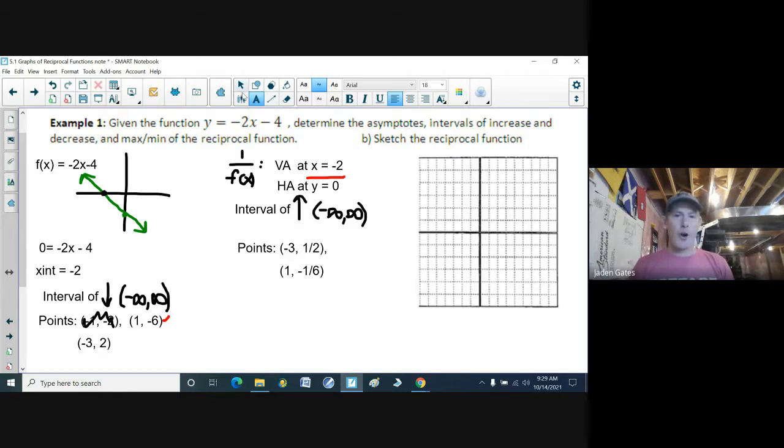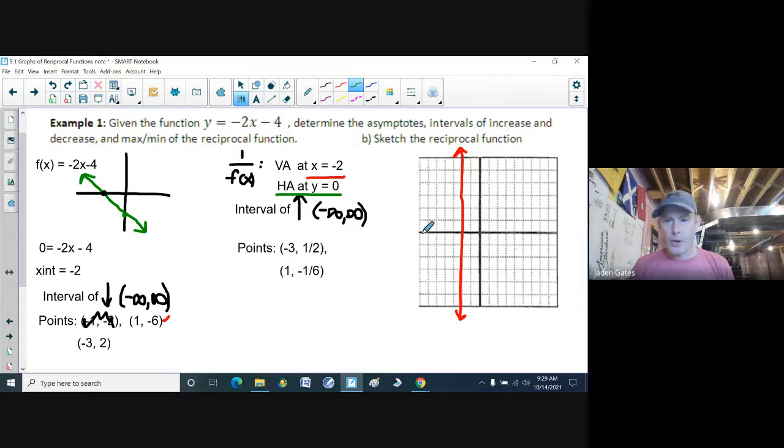All right, so I'm going to draw in my lines here. My VA at x equals 2, there's my vertical asymptote in red. Then we'll put the horizontal asymptote here, in green: y equals 0, that's an easy one.